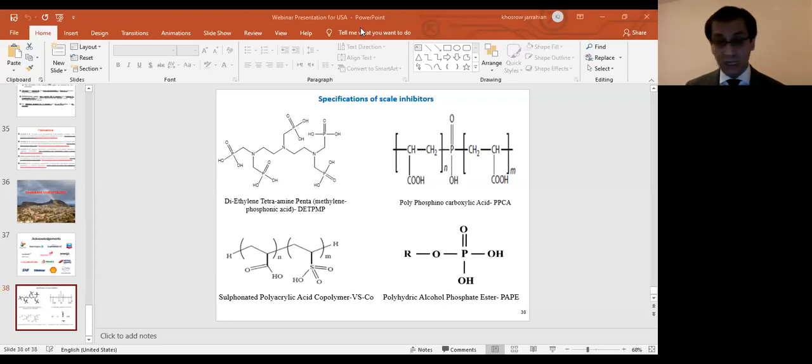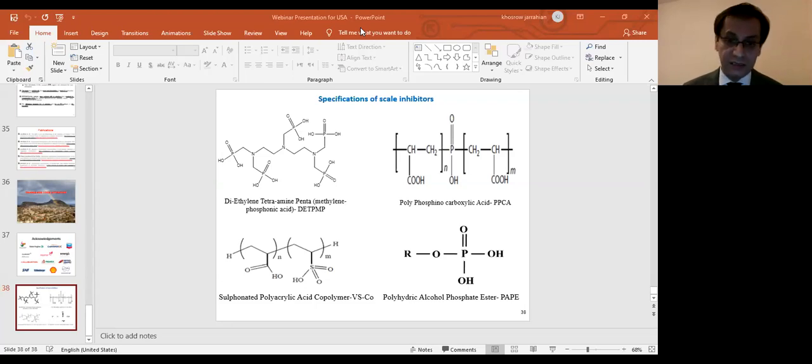And as I mentioned in the second question, we need green chemistry. We need to consider the environment. That's why we need new scale inhibitors. And for all scales, we can't use all scale inhibitors. It depends on the operational conditions, and on the capability of the scale inhibitors in terms of chelating the scales. We can use specific scale inhibitors for that.